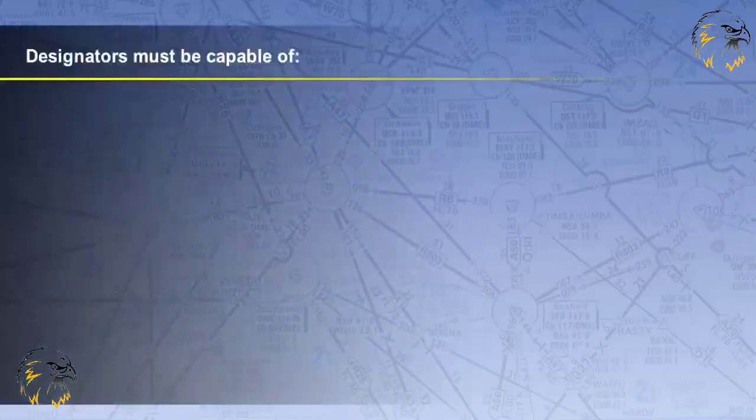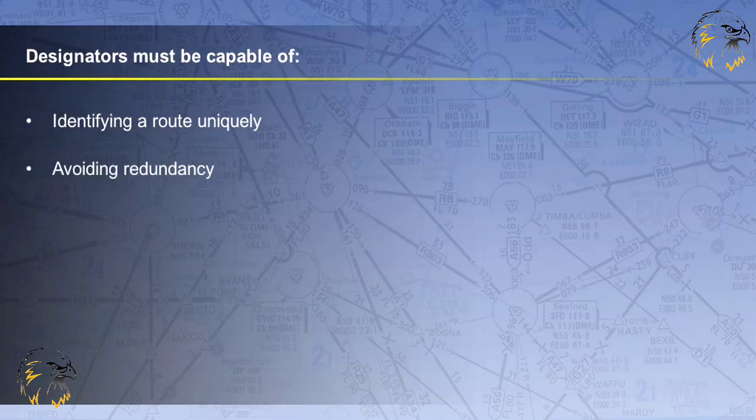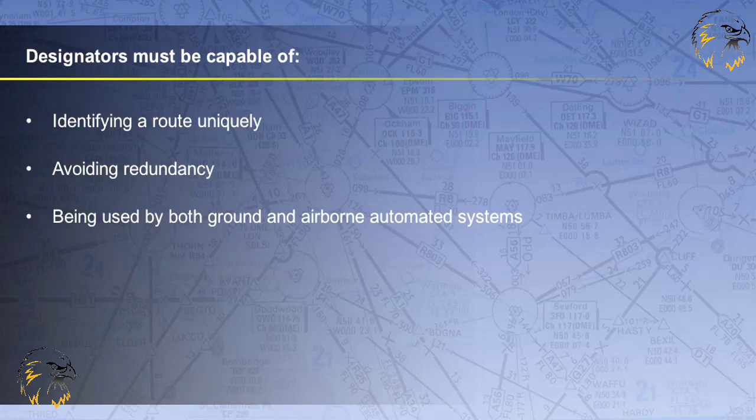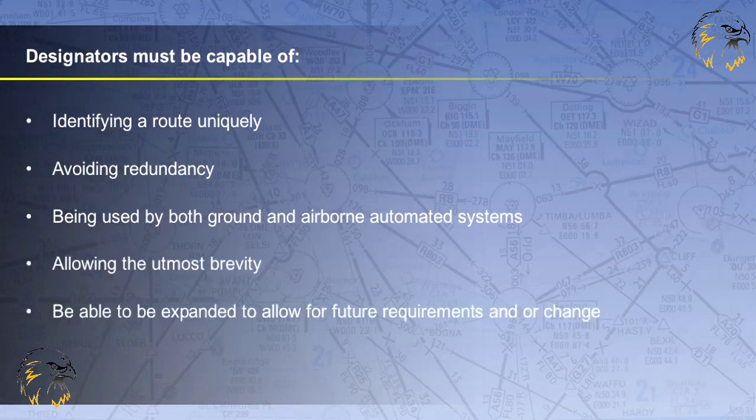The designators themselves must be capable of identifying a route uniquely, avoiding redundancy, being used by both ground and airborne automated systems, allowing the utmost brevity, and expanding to allow for future requirements and/or change.